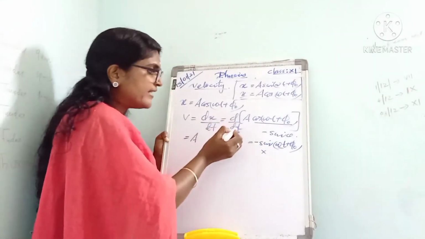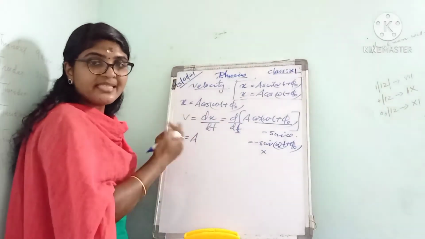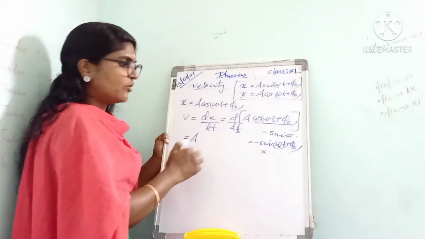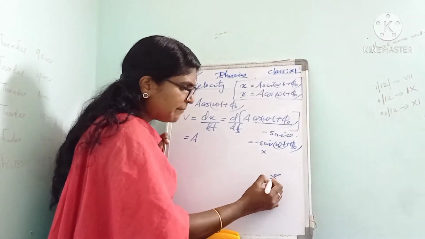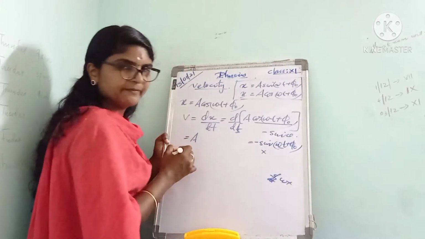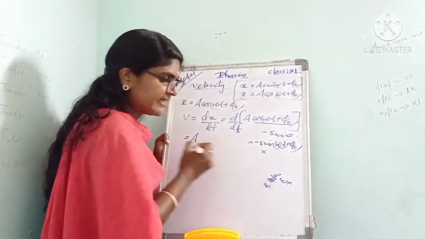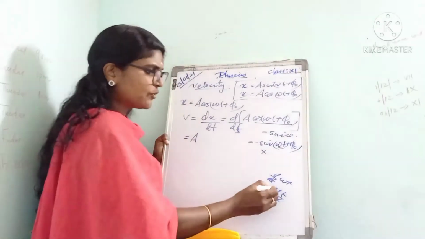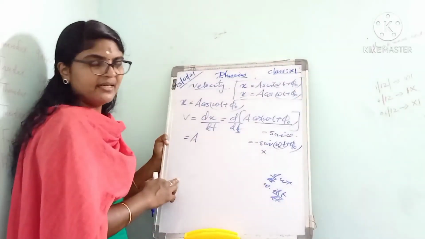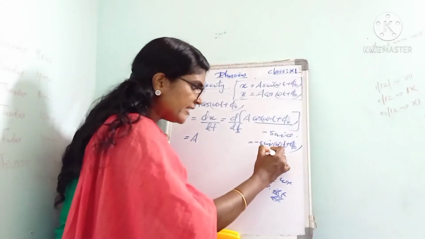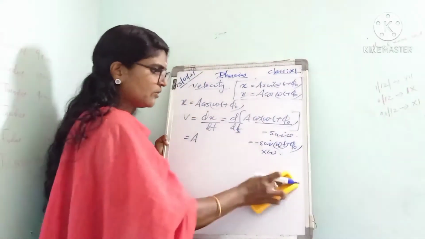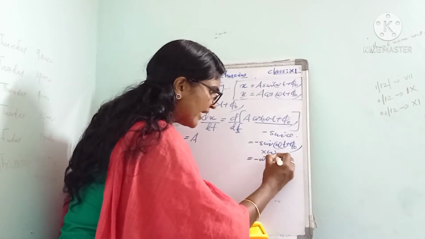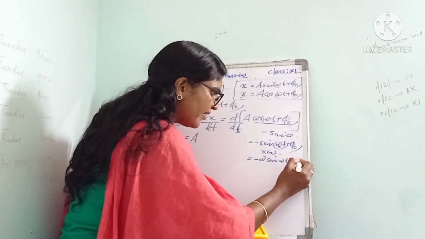So once again we have to differentiate omega t, that is d by dt of omega t. This omega is constant, so it is taken out, and then we get dt by dt, which cancels. The remaining is omega. So we get the differential as minus omega sin(omega t plus phi 0).